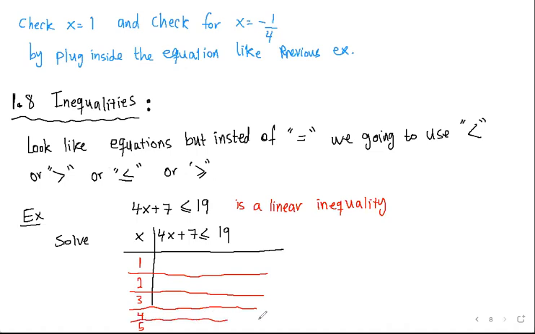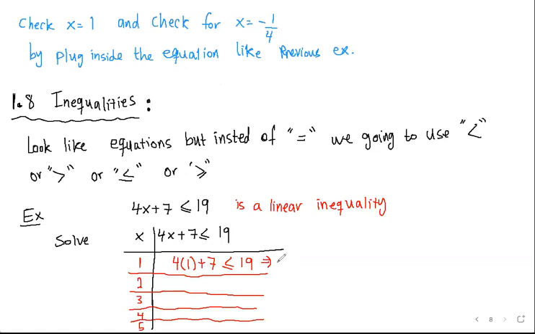Now, when I plug the 1 inside this inequality, what do I get? 4 times 1 plus 7 less than or equal 19.